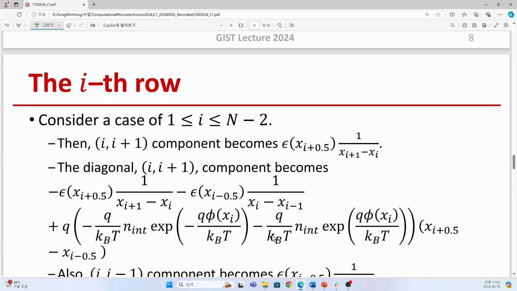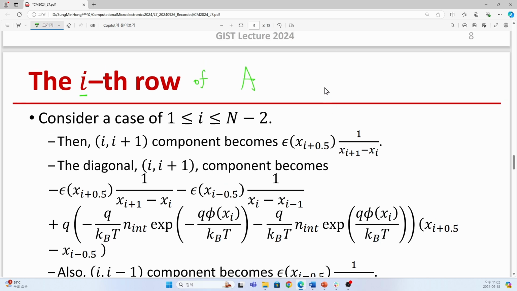So let's consider the ith row of our A matrix, the Jacobian matrix. In this case, of course, i equal to 0 or i equal to n minus 1, these two rows were devoted to boundary conditions. So of course, in this case, you have to make a separate treatment. And let me just give you certain exposure to the most general cases.